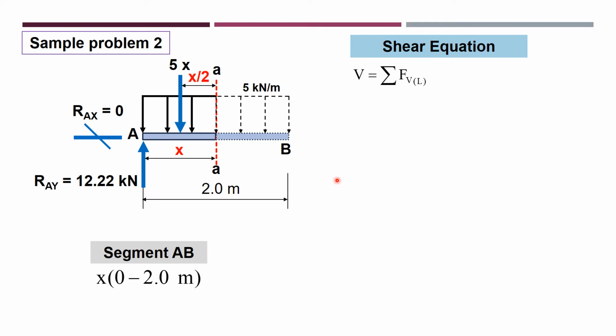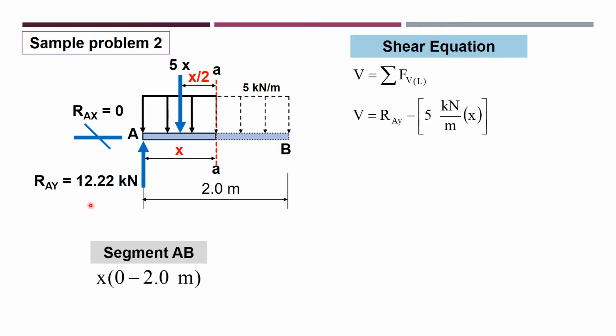So to get the shear equation, we will sum up the vertical forces to the left of the cutting plane. So in this case, dahil na convert na natin itong uniformly distributed load into its equivalent single force, pwede na nating i-add ito dito sa reaction at A. At itong dalawang vertical forces na yan ang nasakop nitong distance x. So ito ang isasama natin sa equation.